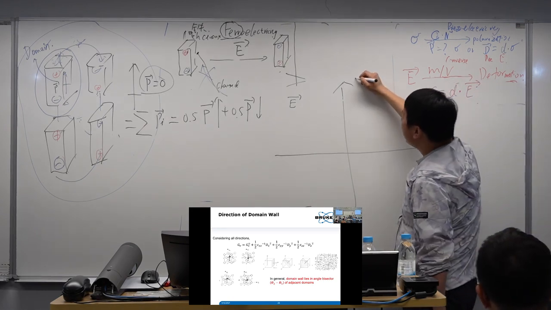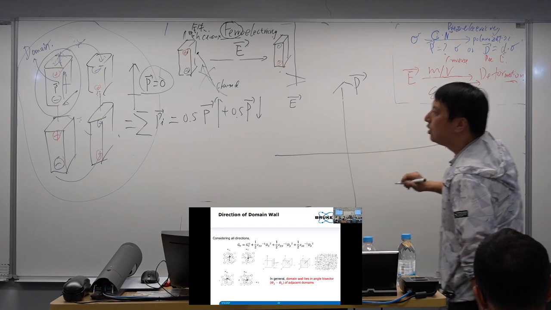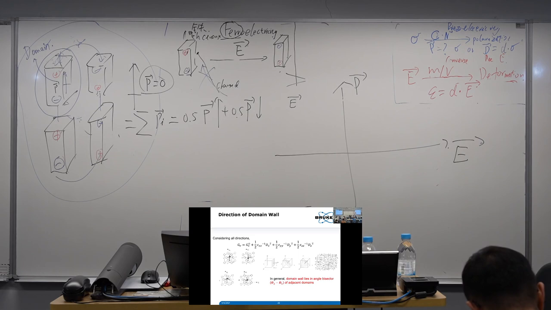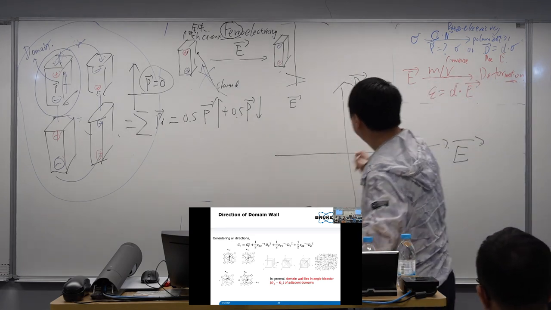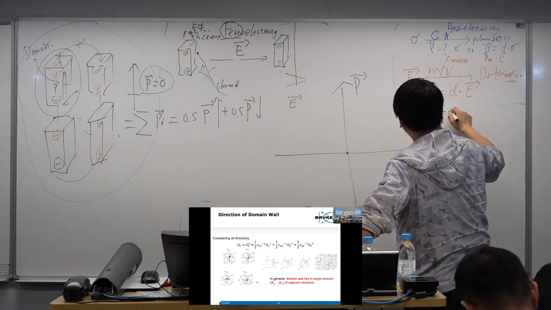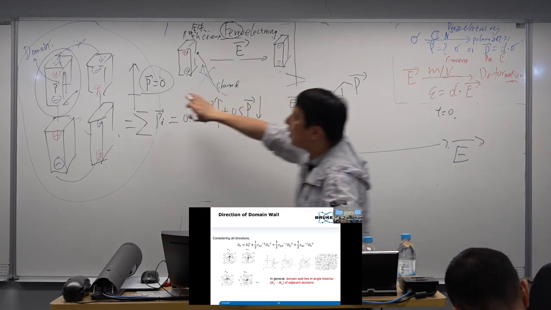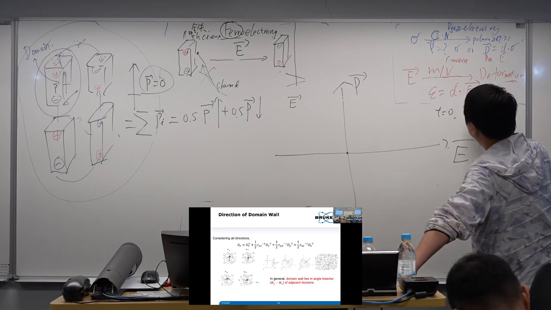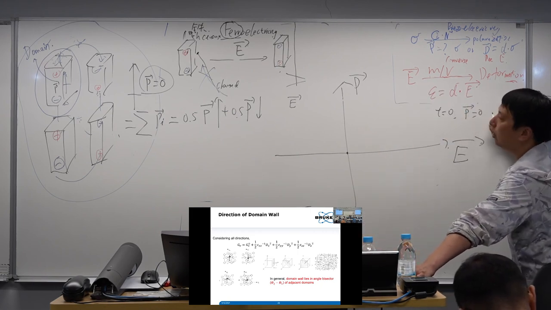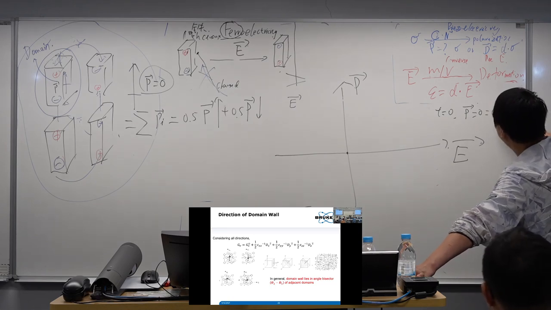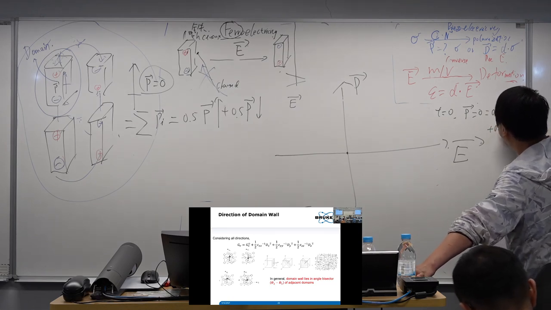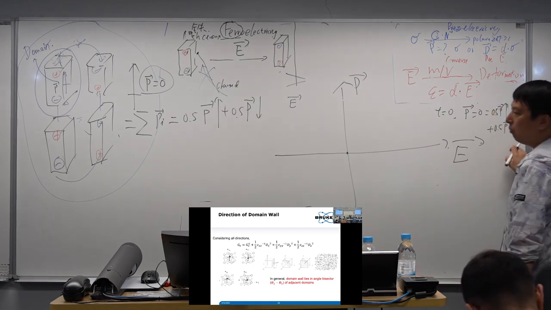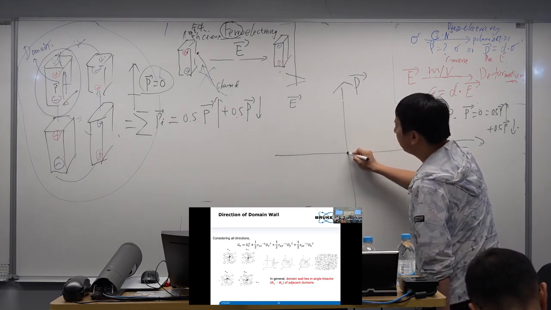So we want to check the polarization change against external electric field. So at the beginning, at the time equals to 0, it's this status. It's non-polarized totally. So the P equals to 0, equals to half facing up, half facing down. Okay, so the beginning point is here.